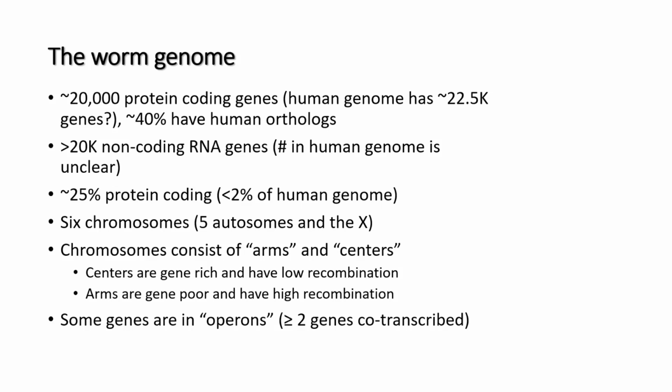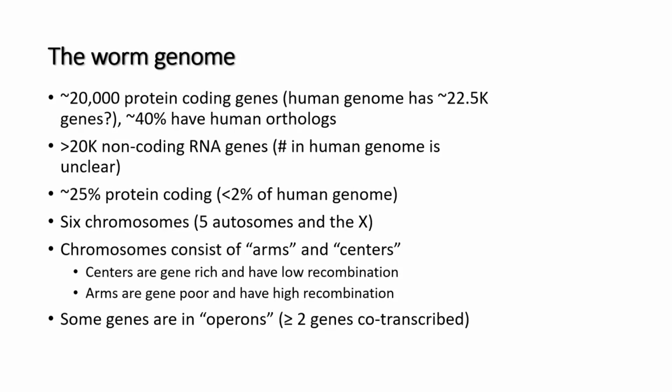The other thing I'll say: if you have taken undergraduate genetics, you probably learned the lac operon in bacteria, right? Prokaryotes very often have genes in operons, which basically means that 2 or more genes are co-transcribed under the control of the same promoter.